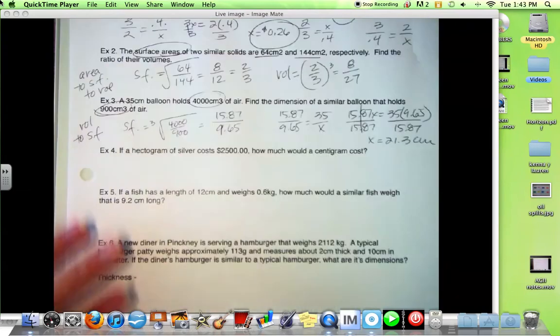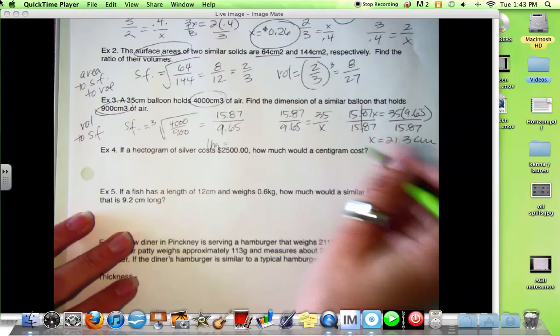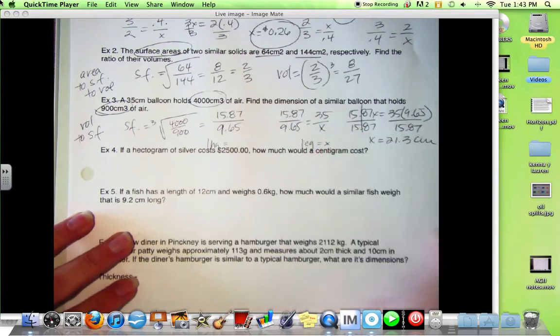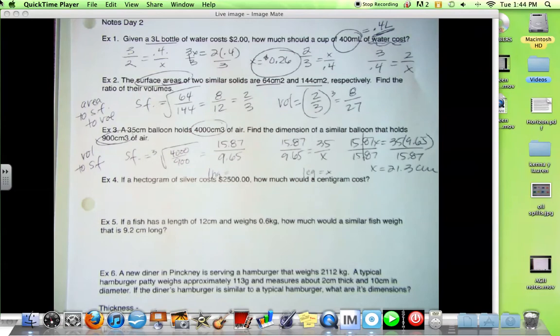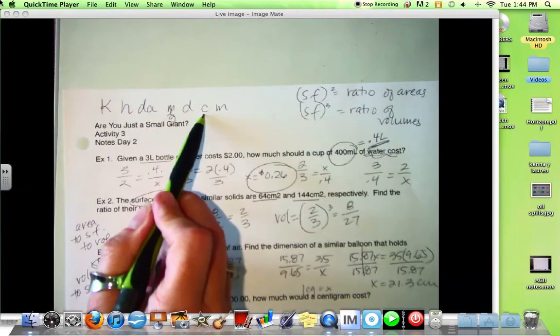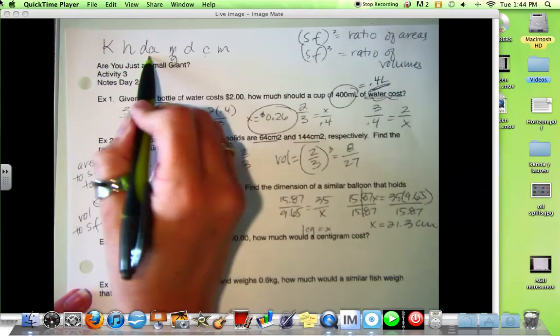All right, so this is 1 hectogram. 1 hectogram equals 2,500, and we're asked how much would 1 centigram cost. So, you guys want to change units. What do you want to change? The hecto to centi or the centi to hecto? Hecto to centi. So you're going hecto to centi, so you need to move your decimal how many places? 4.